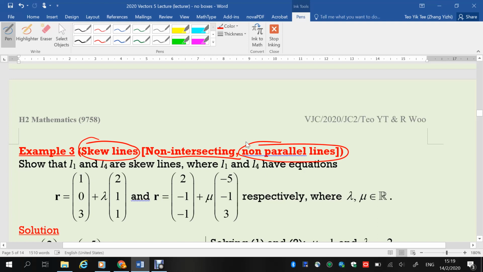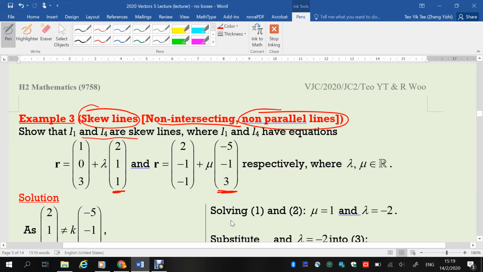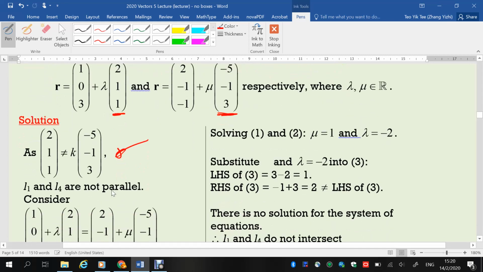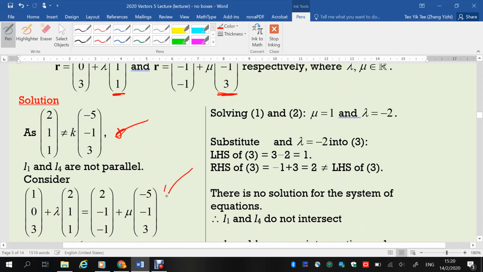Okay, so how do I check whether lines are skew or not skew? First thing, check parallel or not parallel. How to check? Look at the direction vector. The direction vector will tell you for sure that they are not parallel because they are not multiples of one another. Then how do I check whether they are intersecting or not? Same thing, can you equate the two equations together?